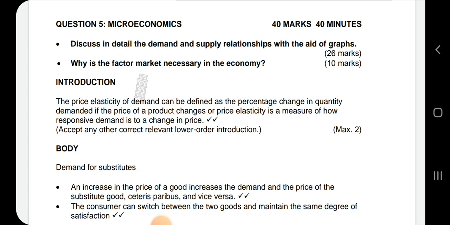So here the introduction that is given as an example is that the price elasticity of demand can be defined as the percentage change in quantity demanded if the price of a product changes, or the price elasticity is measured on how responsive demand is to a change in price. This is not the only thing. You can also define the relationship between supply and price, or demand and supply itself. So you just discuss everything with regards to that topic that has demand and supply.